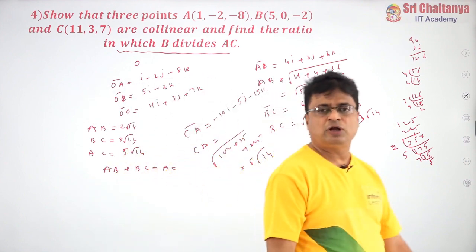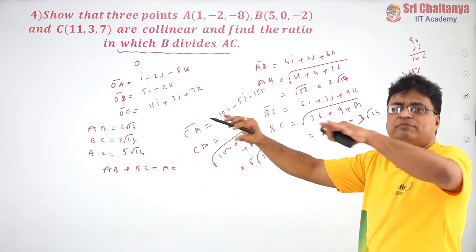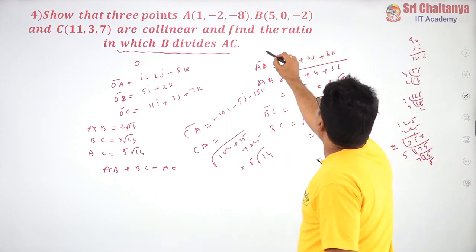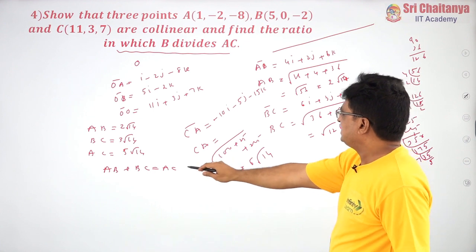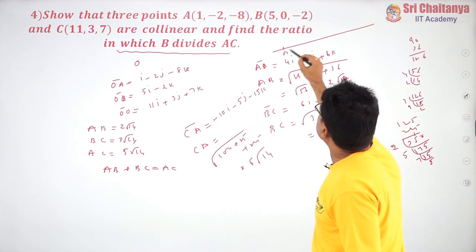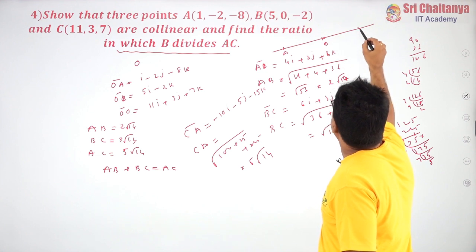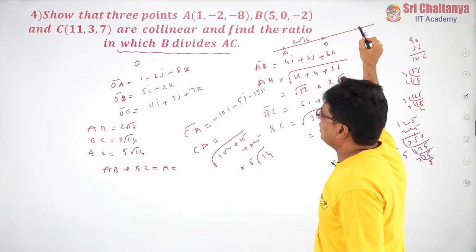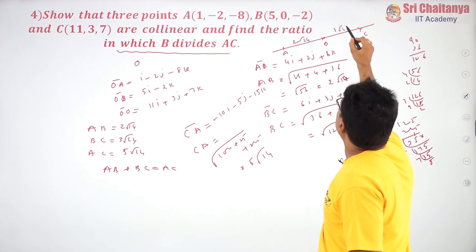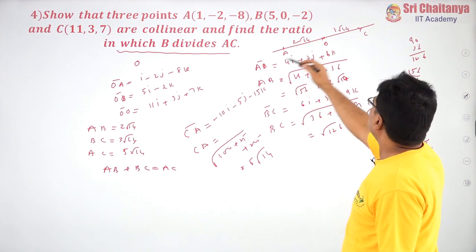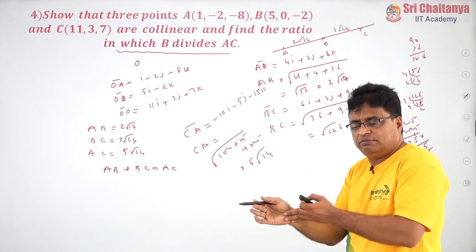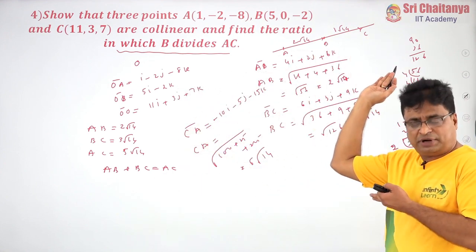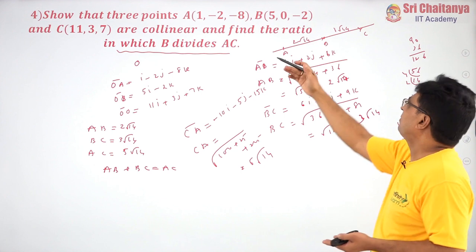Now imagine what kind of positions those points have on a line. Say this is A, this is B and this is C. This AB is 2 root 14 and BC is 3 root 14, and the total is AC. So the sum of two magnitudes is equal to the third one, and according to the triangle law of addition I can apply it, or I can say the points are collinear.